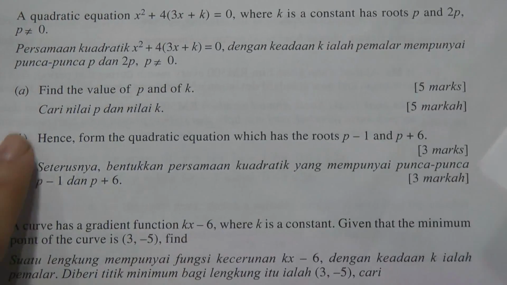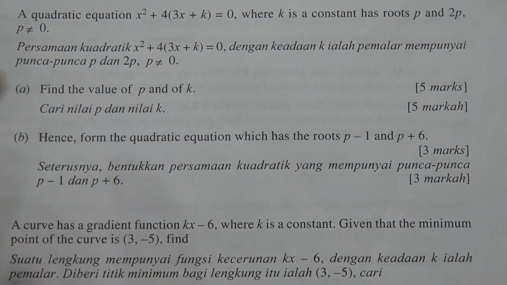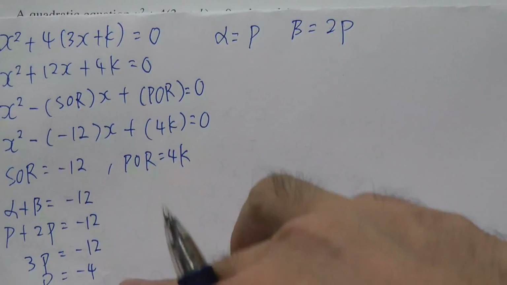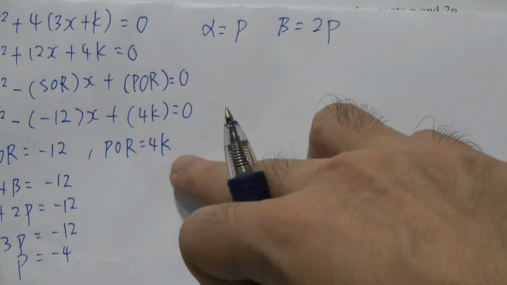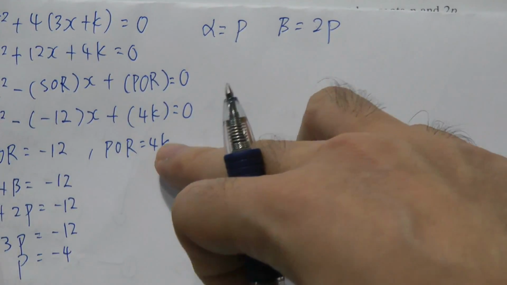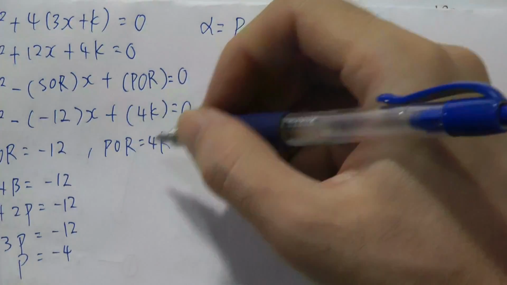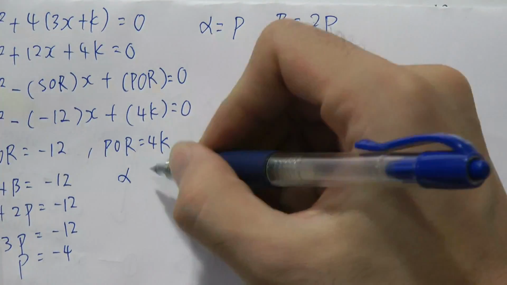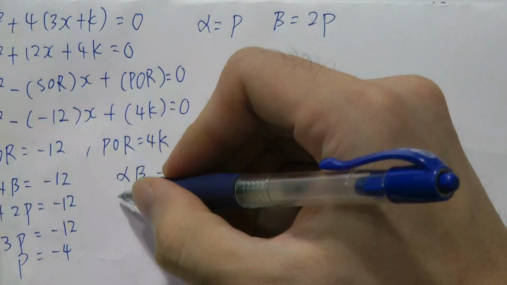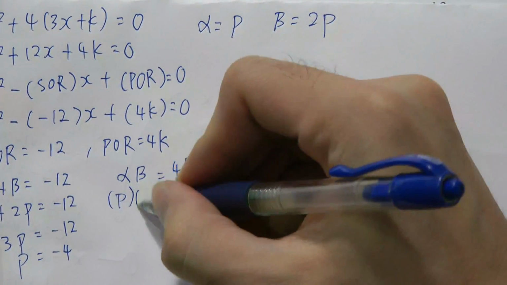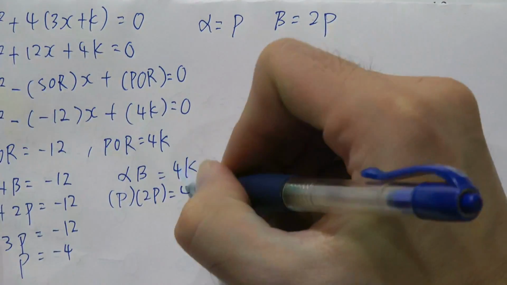Because part A asks you to find the values of p and k. So when I get the value of p, then I can easily get k, since the product of roots is 4k. Product of roots means alpha multiply beta will equal to 4k. Therefore p multiply 2p, I will get 4k.